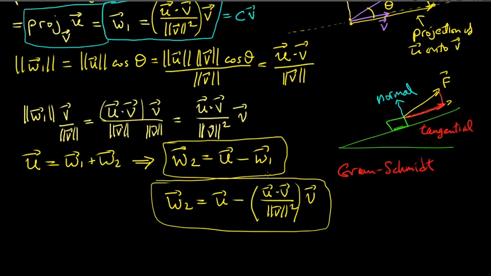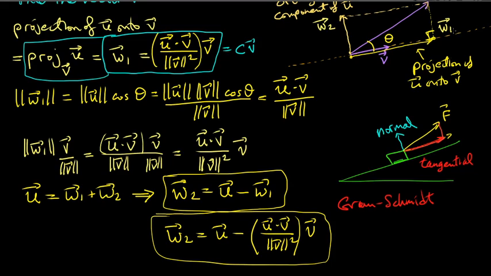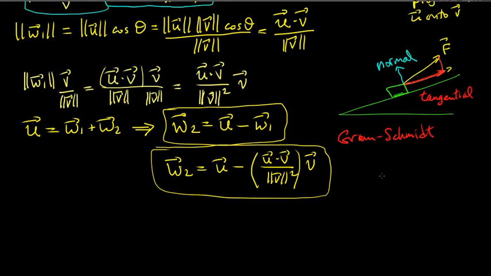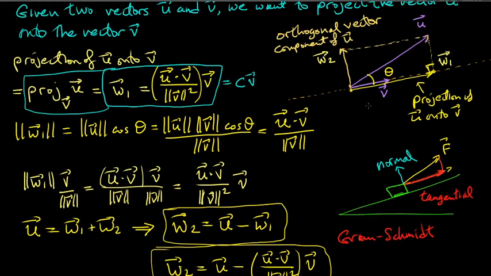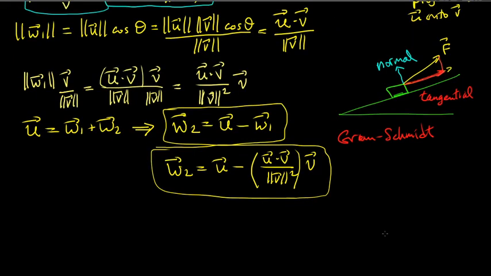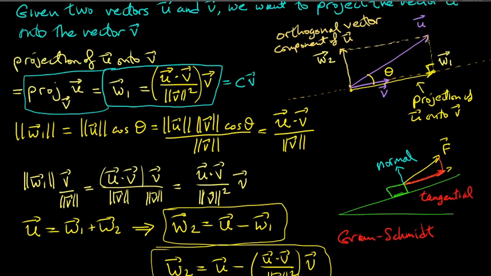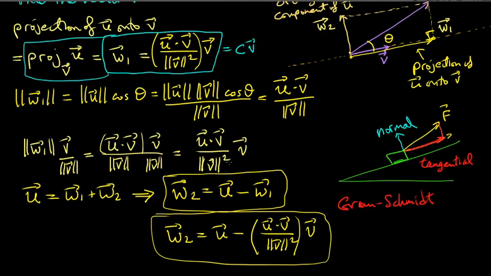Now, we didn't normalize these, so we're not making W1 and W2 into unit vectors here. You can if you want, and that would provide you with an orthonormal basis. But in this case, we're not worried about that. We really just want the projections, and that's what this process does here.